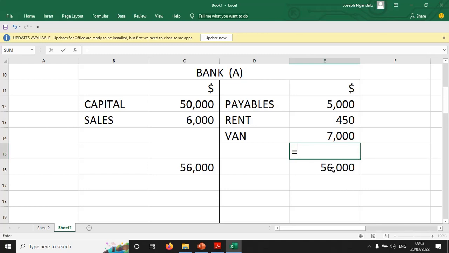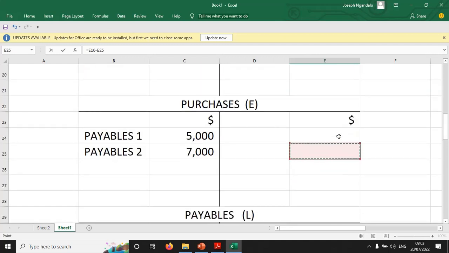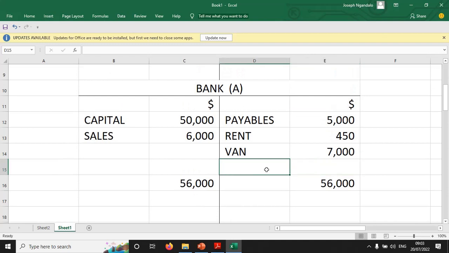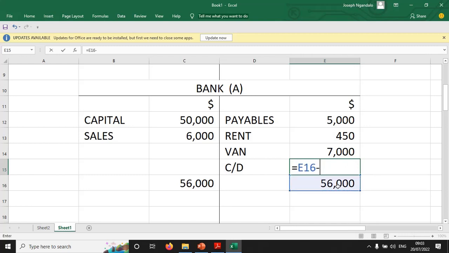That is the total that we're going to be comparing these other entries with. So we're going to say 56 in this case, minus 7. Is that okay? Let me just proceed. The difference, we said, should be inserted as balance what? Carry down. So you say 56 minus 7, is that okay?